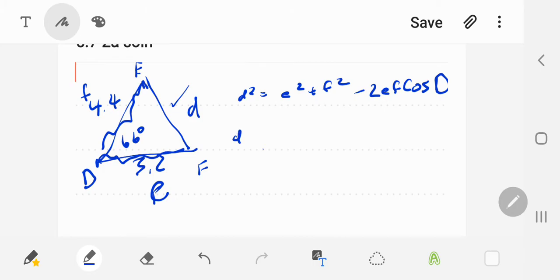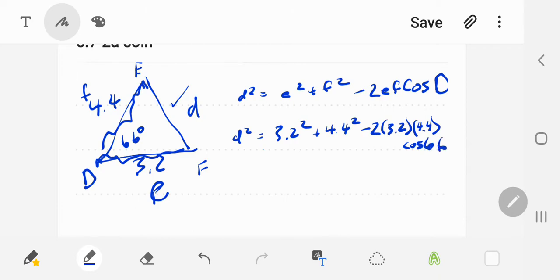So you're going to get d squared is equal to 3.2 squared plus 4.4 squared minus 2 times 3.2 times 4.4, and then cosine of 66.